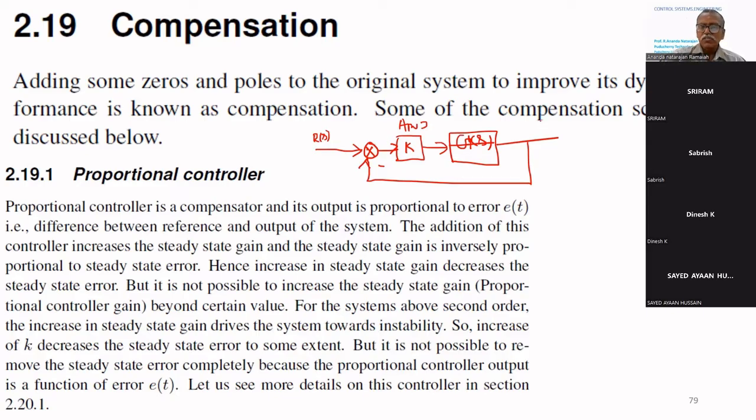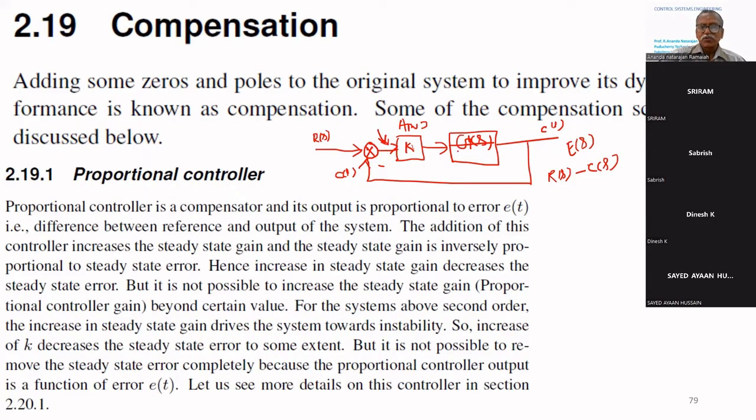Why is it called proportional error compensation? What is the feedback C of s? The error at this point is R of s minus C of s, that is the error E of s. The error is given as input to this amplifier and is amplified through it.